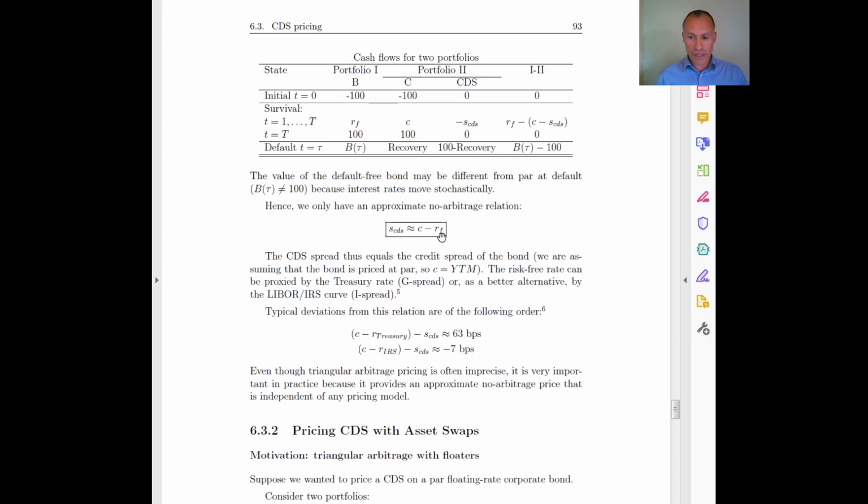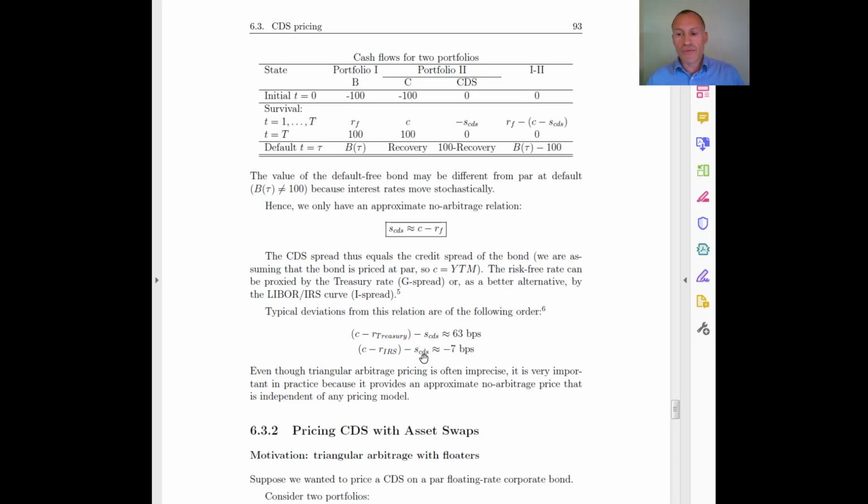So I can use a government bond here, and this would be called the G spread, or I could use swap rates, and this would be called the I spread, right? So depending on which of these rates I use, treasury or swap, I get differences between these numbers and the CDS spreads that are in this range. Okay, as expected, the swap rates are a better approximation for risk-free rates. So using swap rates gives me a better approximation to the CDS spread, right?